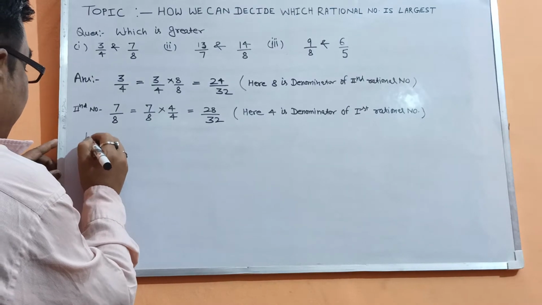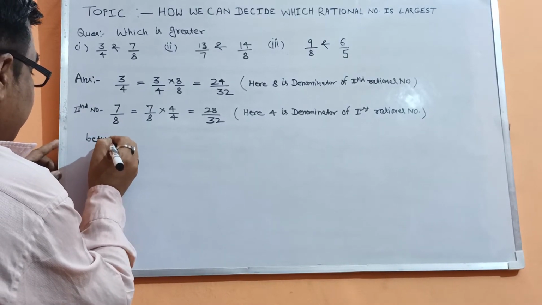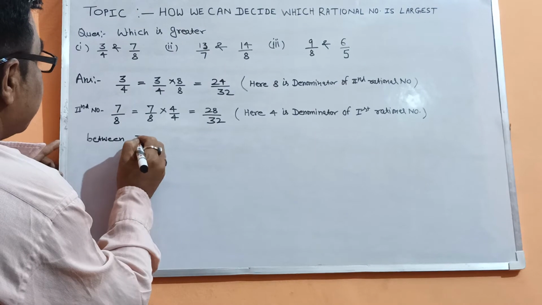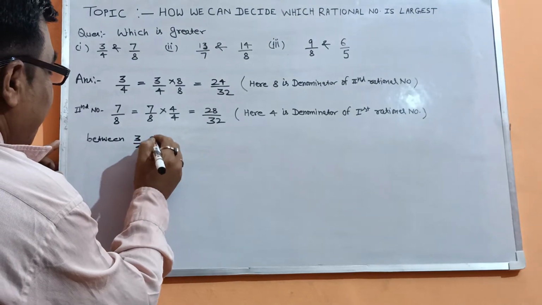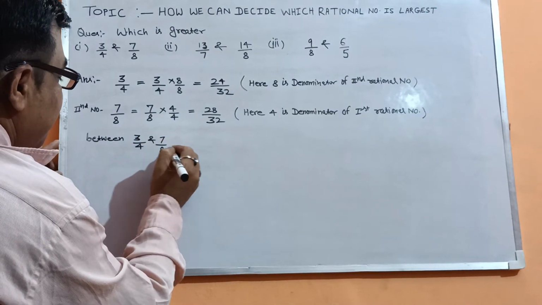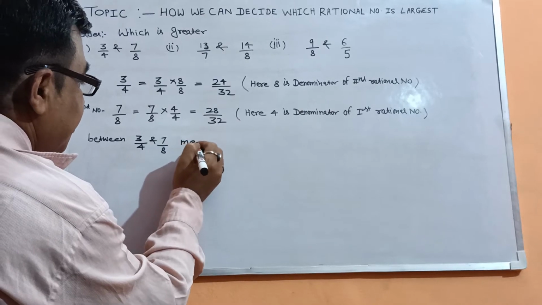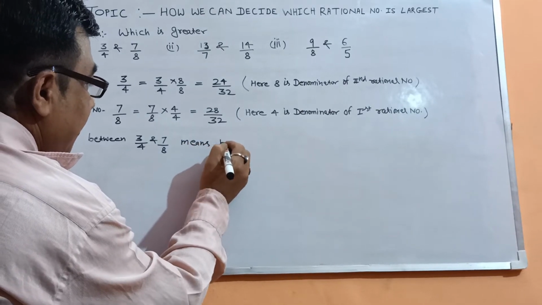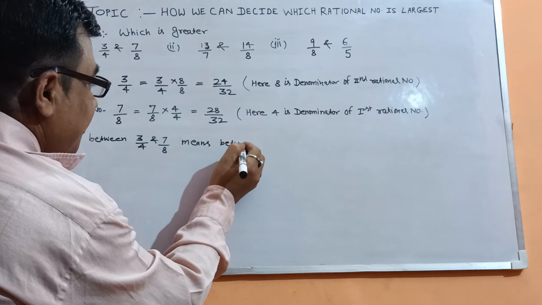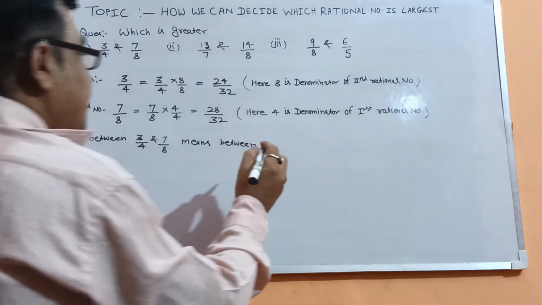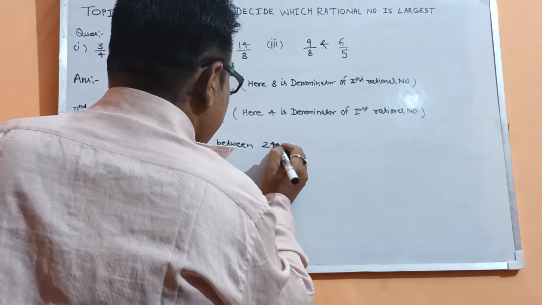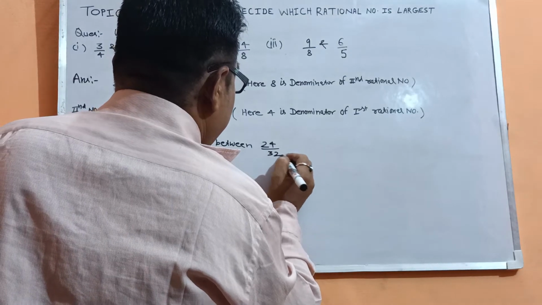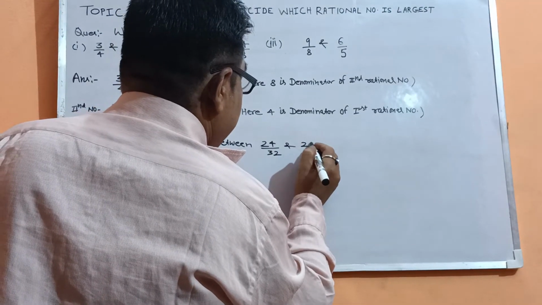Between 3/4 and 7/8 means between 24/32 and 28/32.